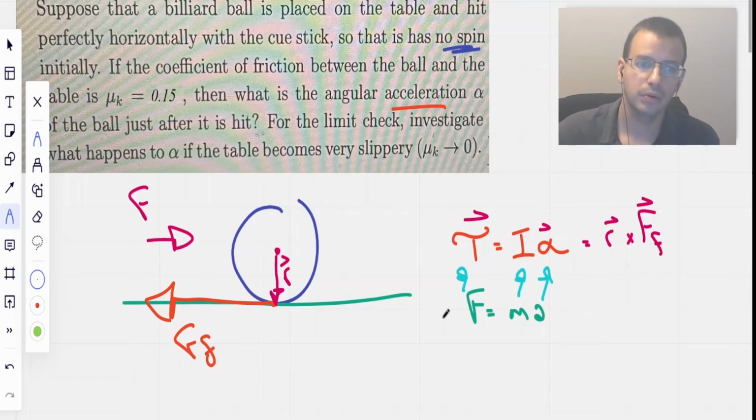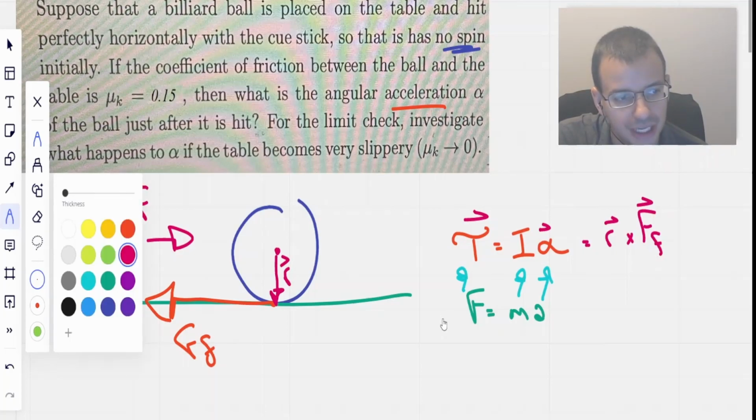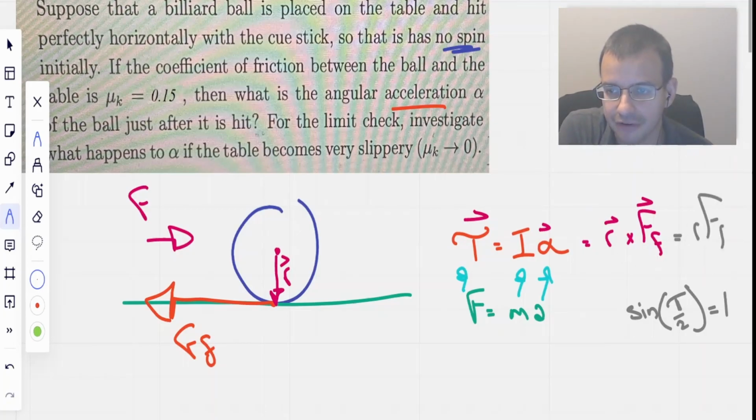If R is straight down and force friction is straight back, then these are perfectly perpendicular. Sometimes people will say that the cross product is the sine of the angle between the two vectors. Since these are perpendicular, it's going to be the sine of 90 degrees, or pi over 2 if you like to use radians, which is just 1. So R cross F is just going to be R times F friction.